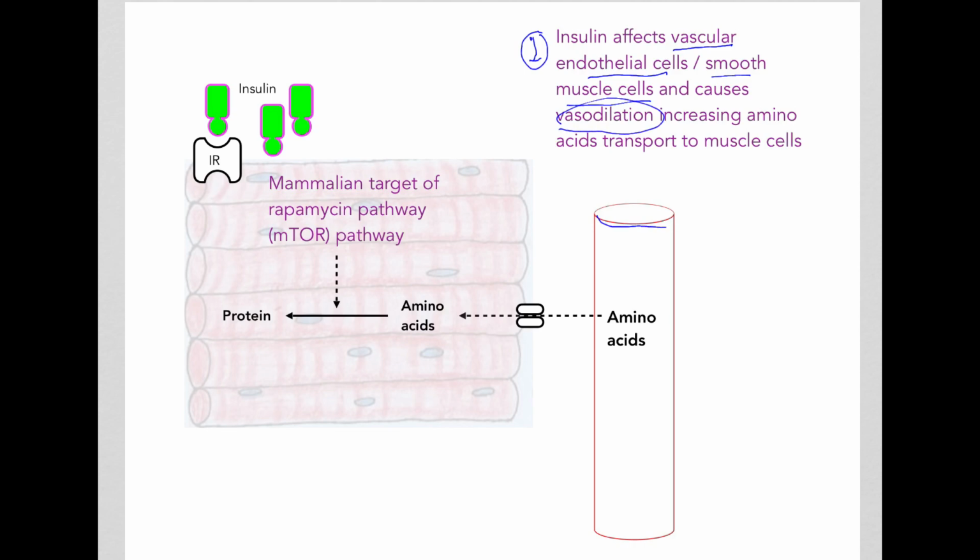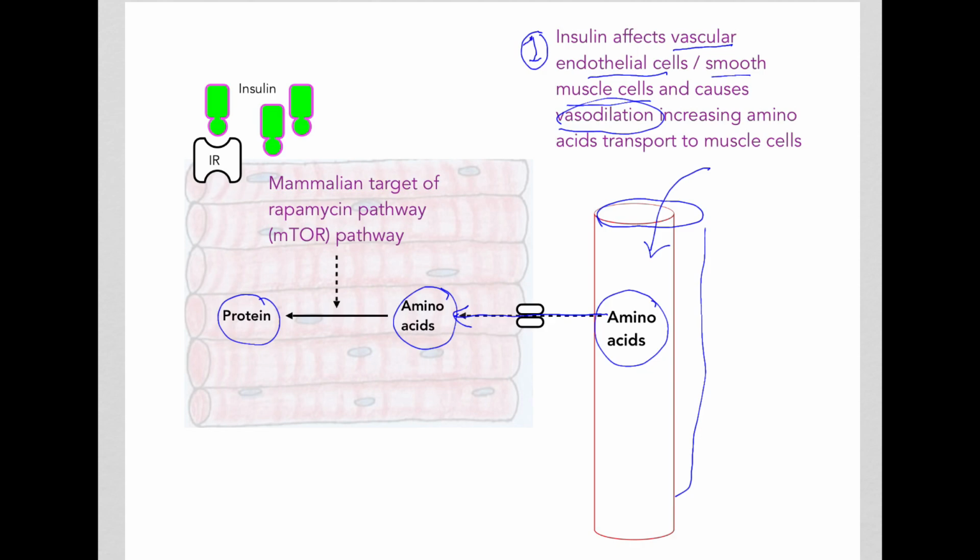The blood vessels increase in size. That means more blood is going to flow to the muscles, and that means there's going to be more amino acids in the blood vessels of the muscles, which means the amino acids will enter the muscle cells, and they eventually lead to protein synthesis.